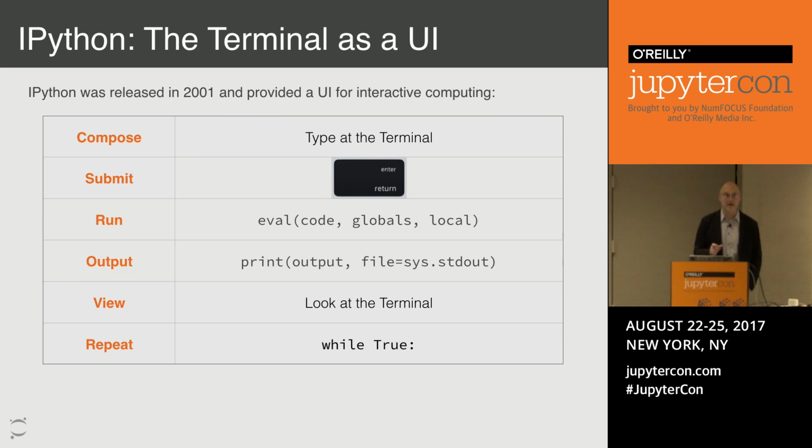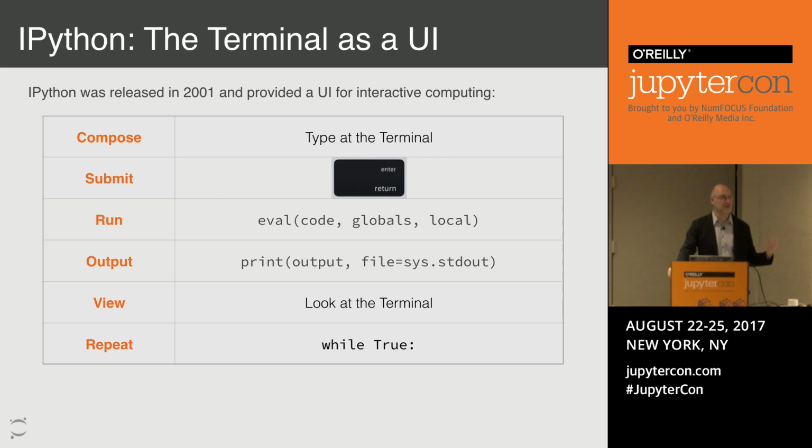This is a little bit odd. When we think about user interfaces today, we're thinking about our phones and web applications, but the terminal itself is a user interface. So thinking back to these abstractions for interactive computing, the compose step is done by just typing at the terminal. For the submit, you press return.